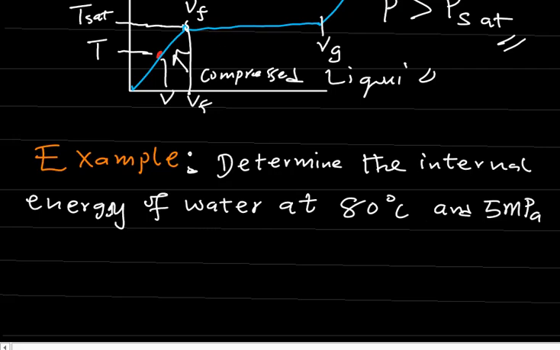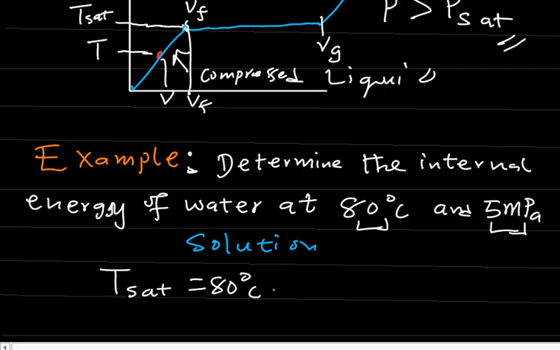Solution. Since we have been given both temperature and pressure, and we are not told if this is saturated liquid, we are going to read this at saturated liquid. Tsat is 80 degrees.